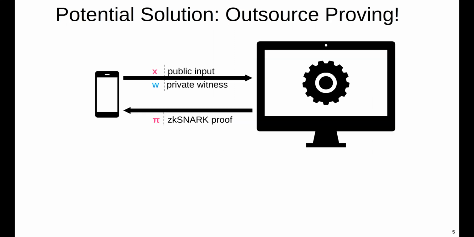So there are various ways that people have tried solving this. Again, the most naive way is to just delegate all of the proving part to AWS or a public cloud, and that is one way in which people have tried solving this.